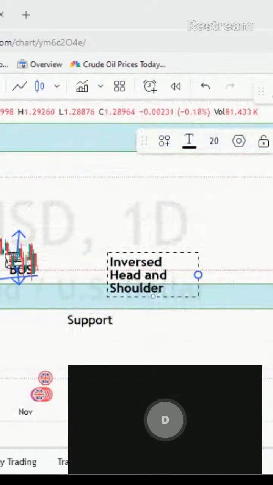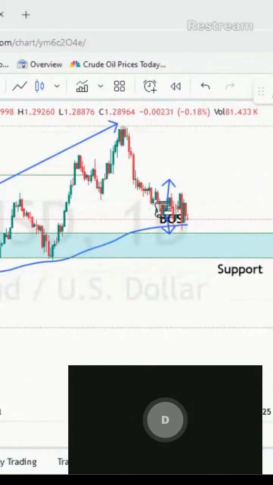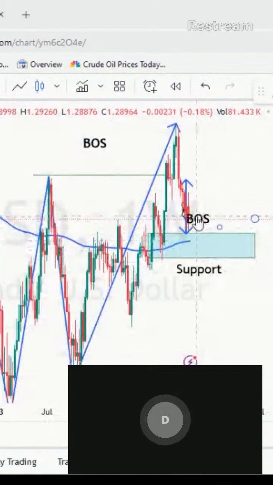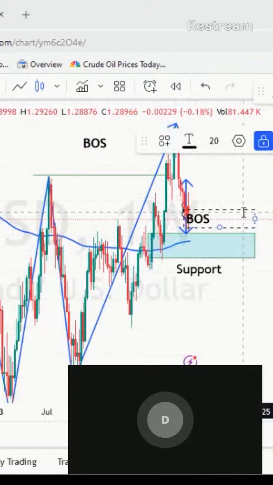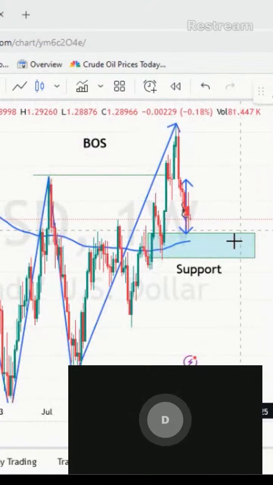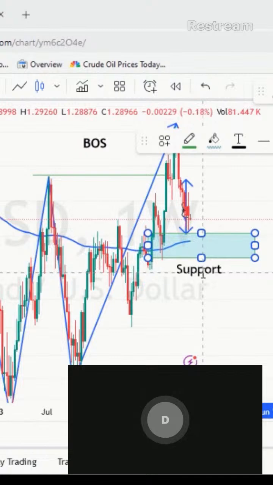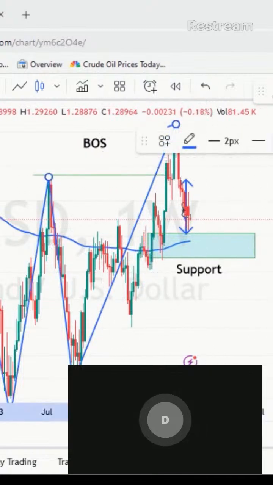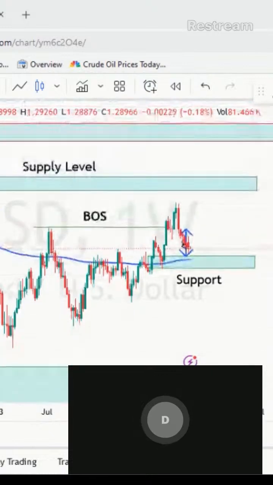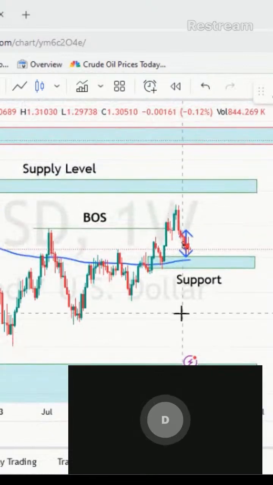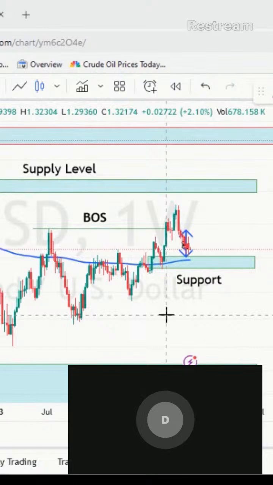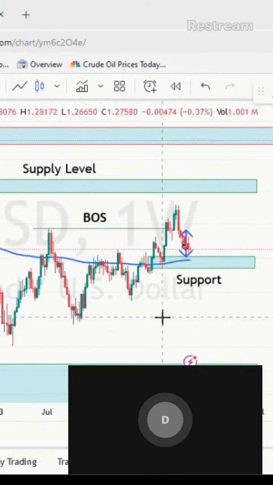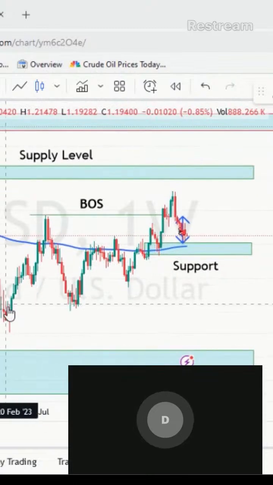So if we look at this screen from this weekly, let's check out what is happening on the weekly. If we look at this weekly chart now on GBP USD, you can see that we are having a good uptrend.